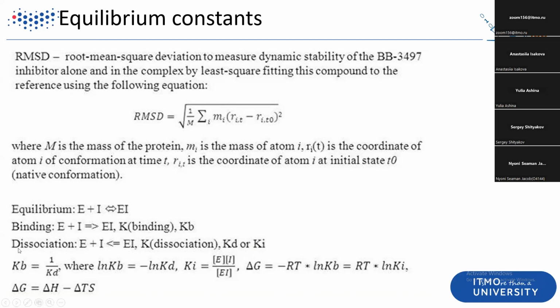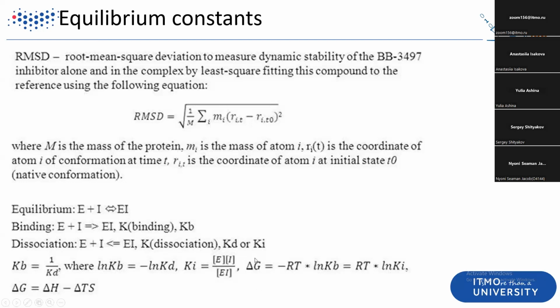So this is the equation. The binding constant is the reverse of the dissociation constant and vice versa, and you could calculate it as a logarithm of the binding constant, or the negative logarithm of the dissociation constant.